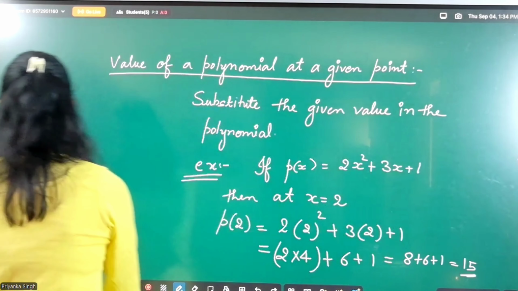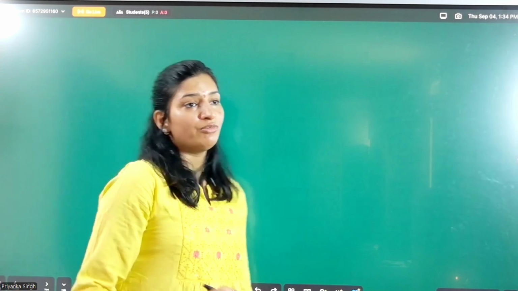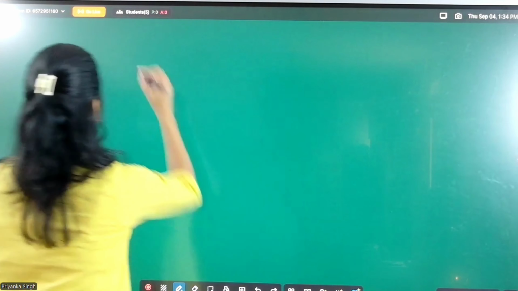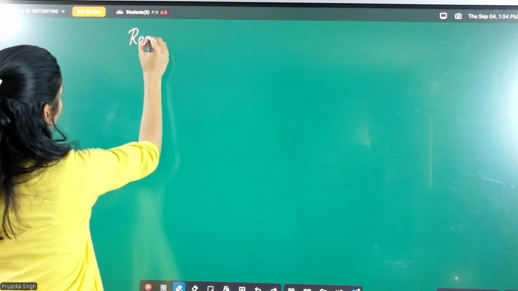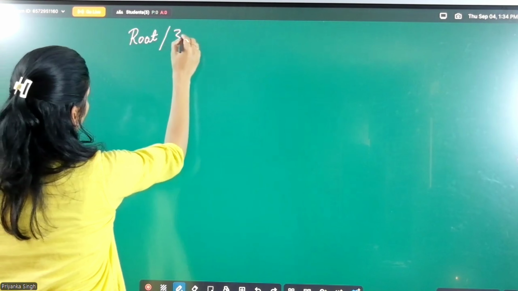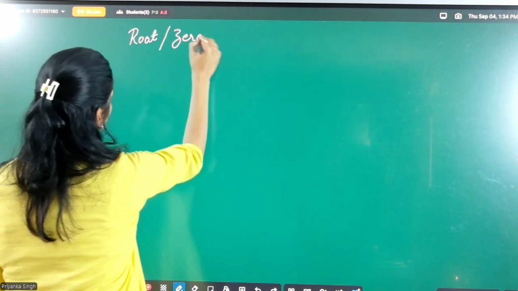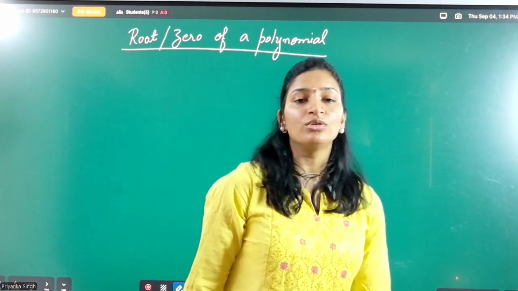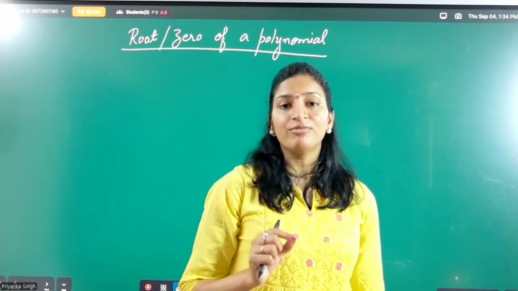Now coming to the next point. So a very important thing is root or zero of a polynomial. So what is the root of a polynomial? This is the value of the x such that your polynomial expression, the whole expression becomes 0.